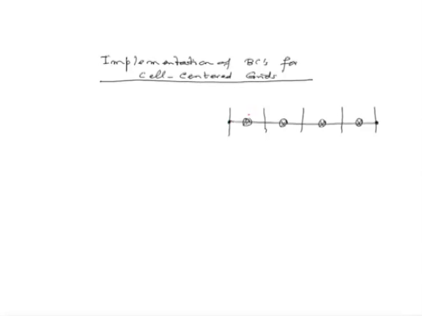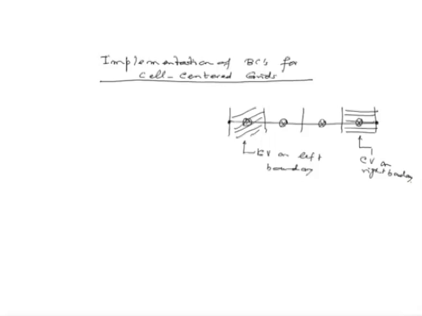In fact, we have two boundary CVs. This is our left boundary CV, or CV on left boundary, and similarly this one becomes our CV on right boundary.